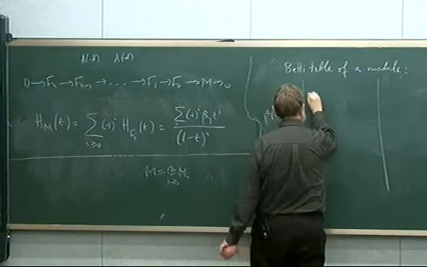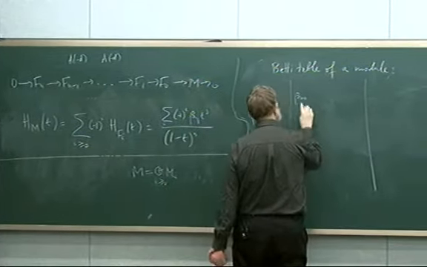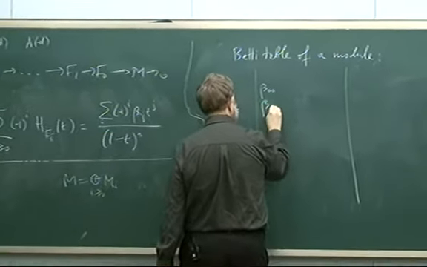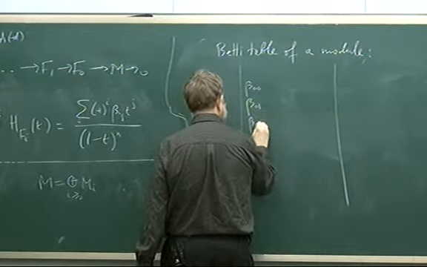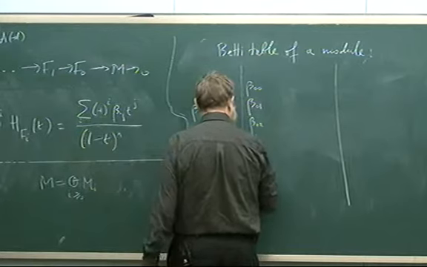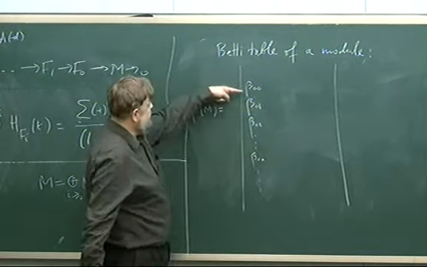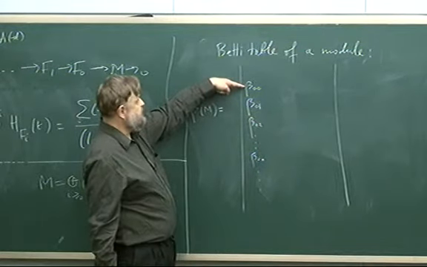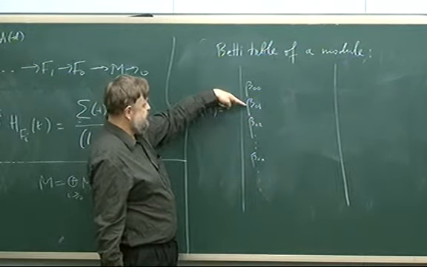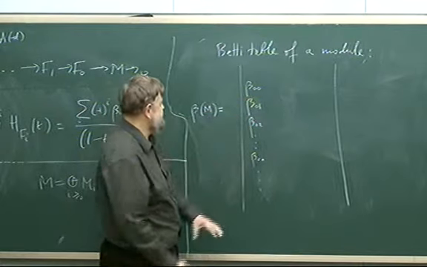So you see this Betti table, that's how this will be beta_00, beta_01, beta_02, all those numbers organized in such a way. So basically what it tells you is how many generators in degree 0 my module has, how many generators in degree 1, generators in degree 2, etc.